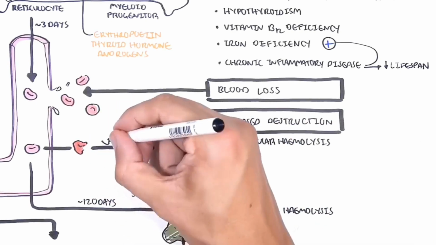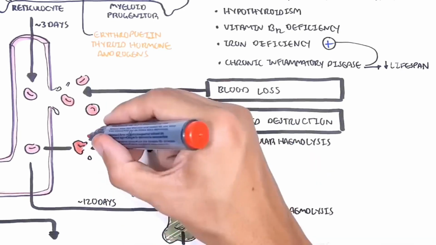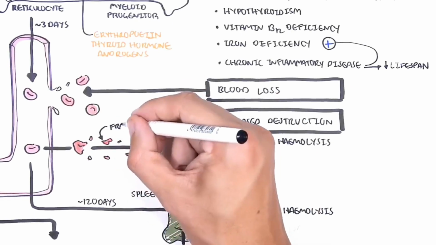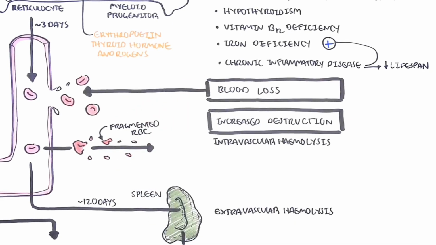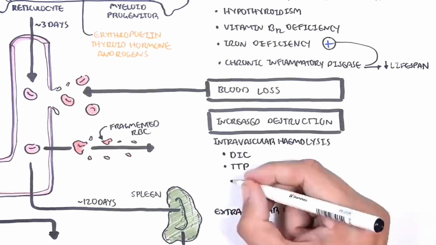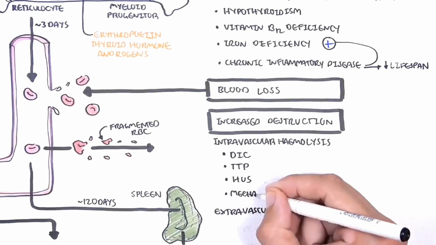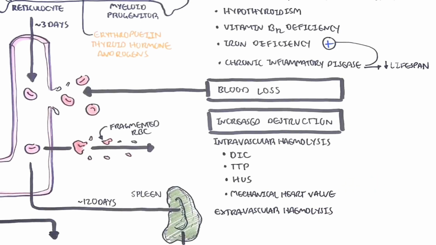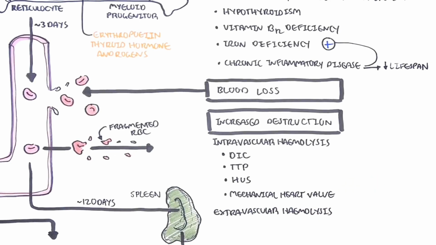Examples of intravascular hemolysis include disseminated intravascular coagulopathy, thrombotic thrombocytopenic purpura, hemolytic uremic syndrome, and mechanical heart valve, where the red blood cells die from shear stress of a mechanical valve in the heart.